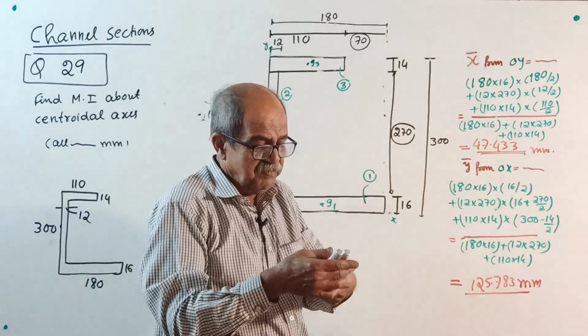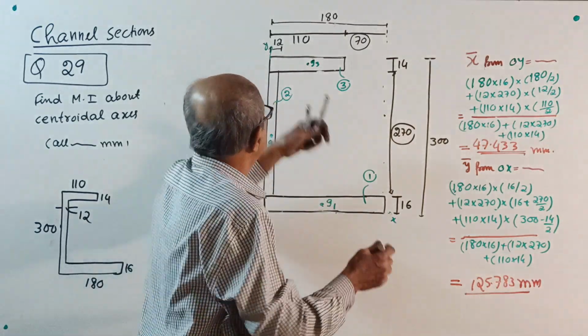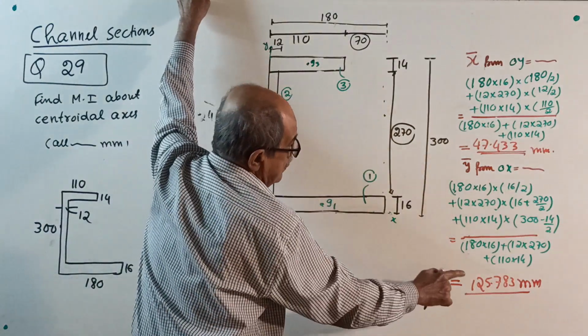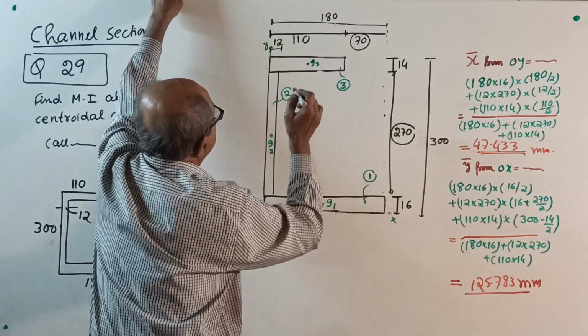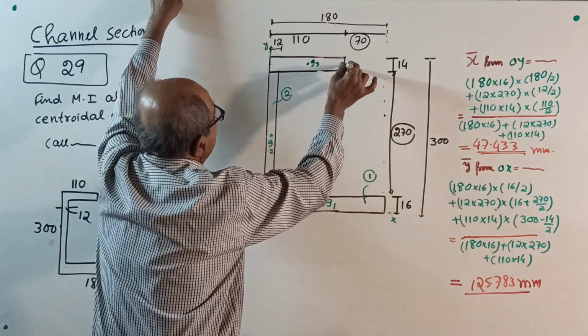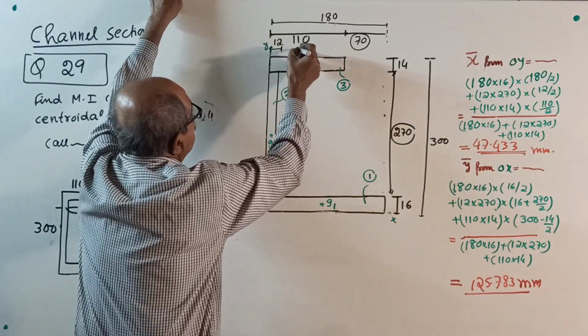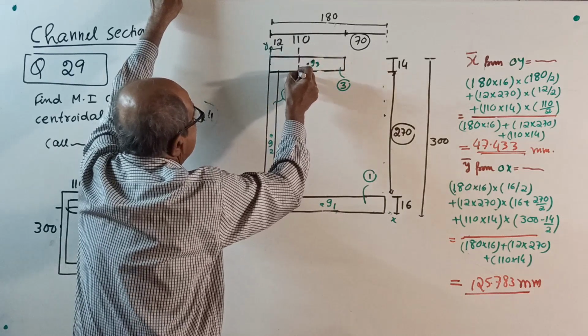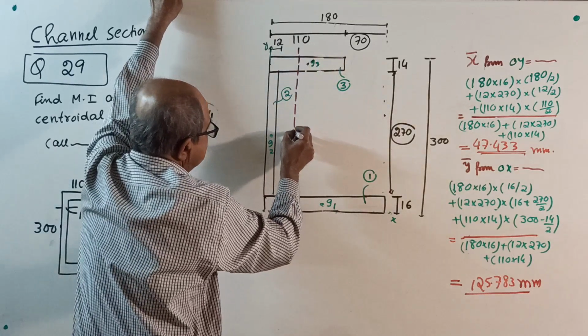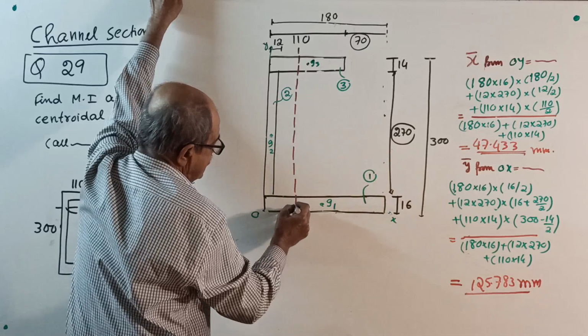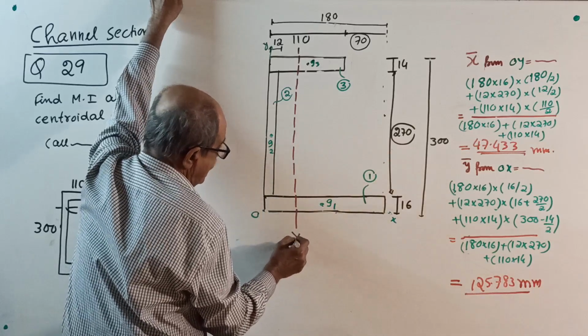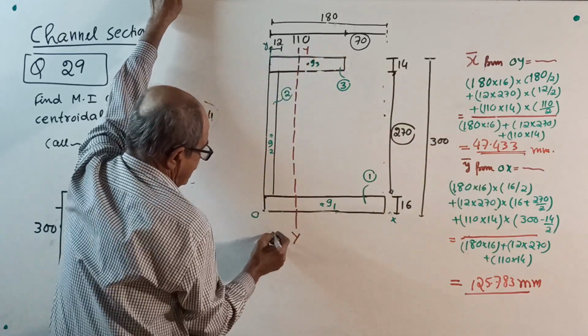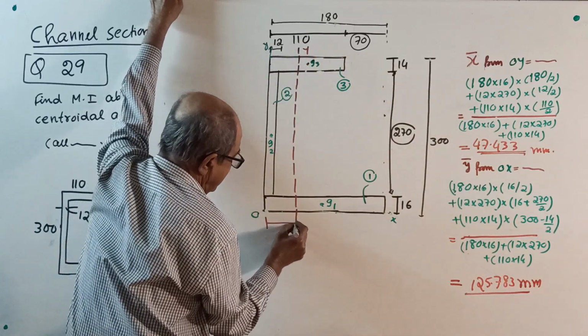Okay, start. From here, we got 47.433. See, this is 110. Midpoint is 55. So, somewhere here. This is all important. This is your YY axis. From here, you got right here, X bar.